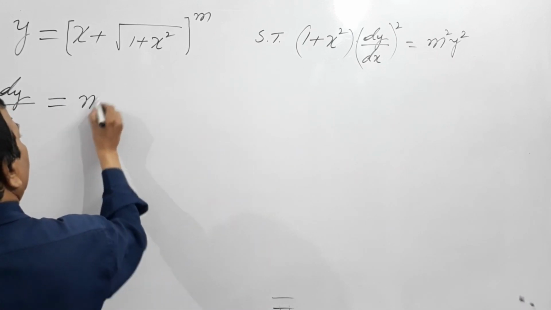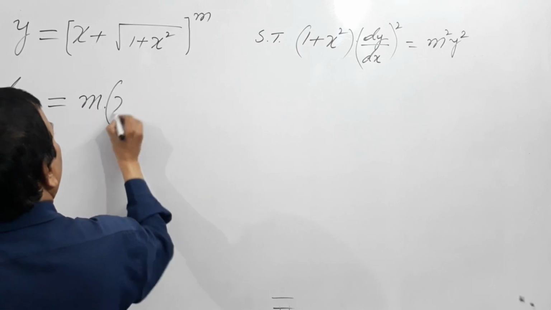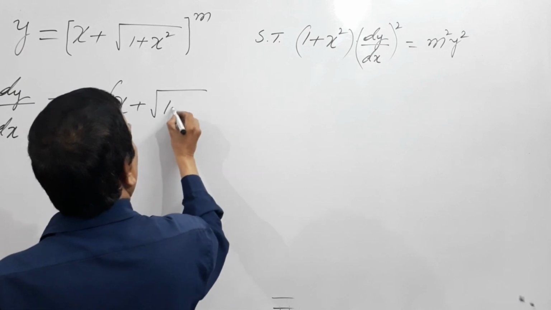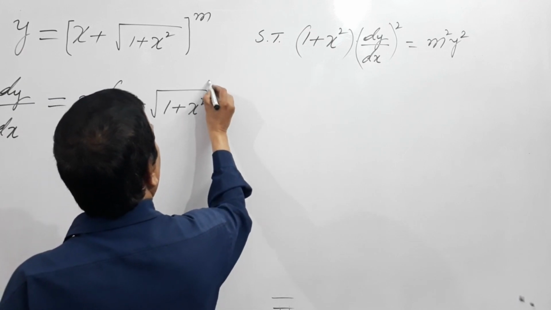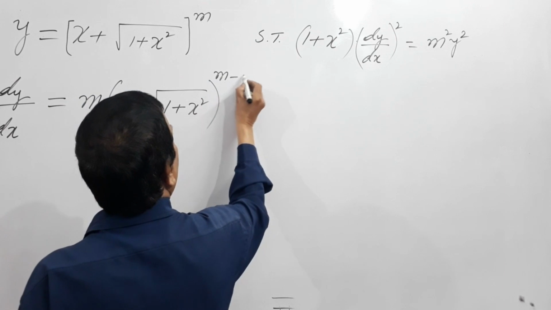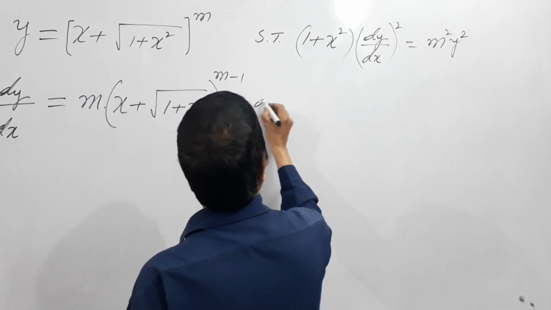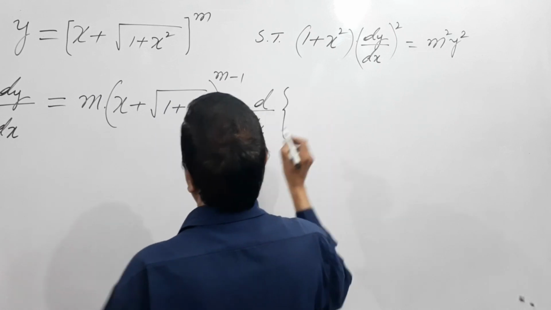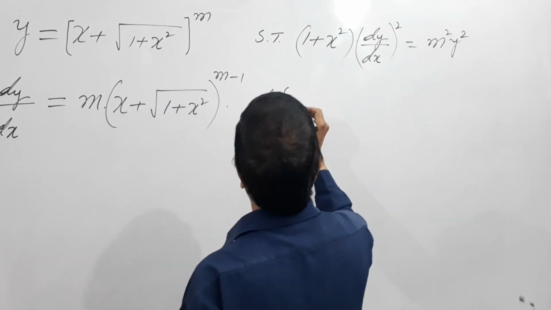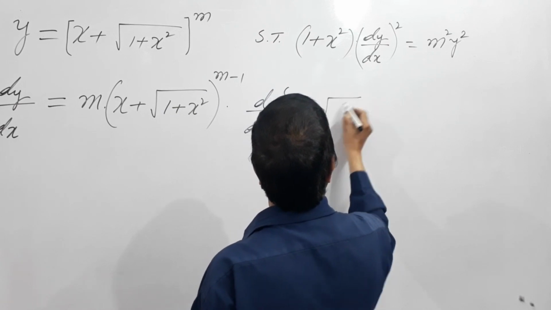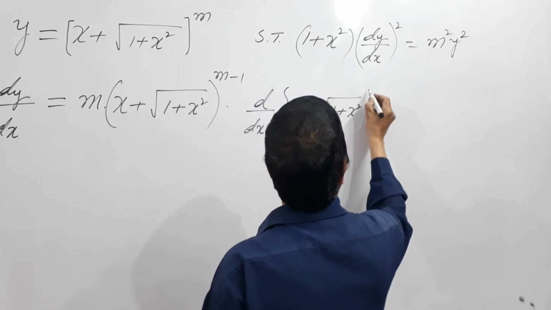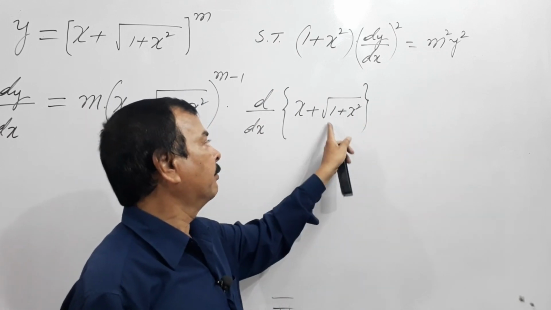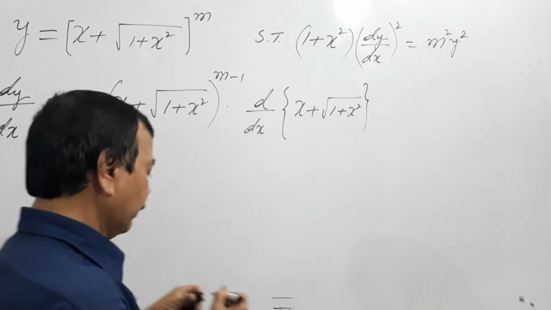I'll take this m into x plus under the root 1 plus x square, to the power of m minus 1, into d by dx of this portion, x plus under the root 1 plus x square. We'll do this a little later, because we have to differentiate this also. We'll see how to do it.